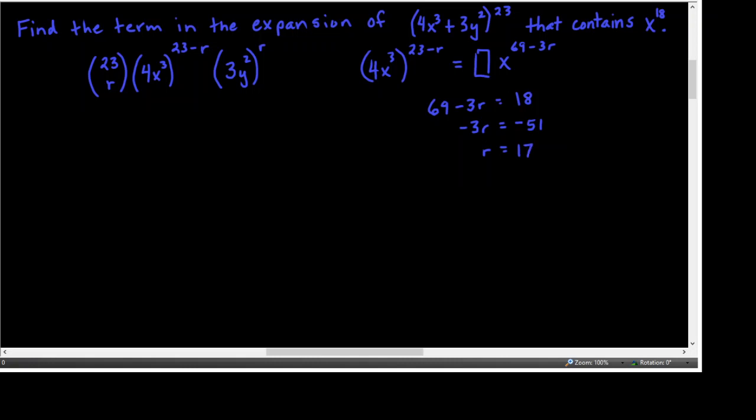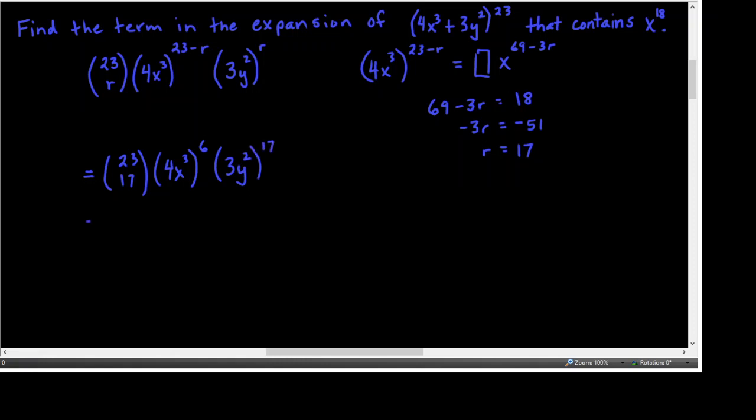So the term we're looking for, now that we know what r is, is 23 choose 17, 4x cubed to the 23 minus 17, which is 6, and 3y squared to the 17th.